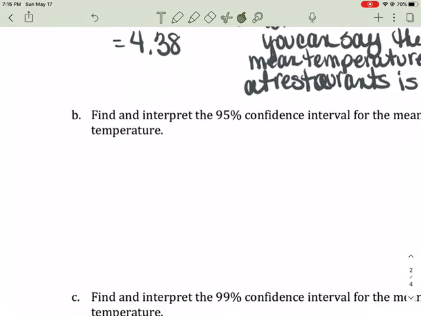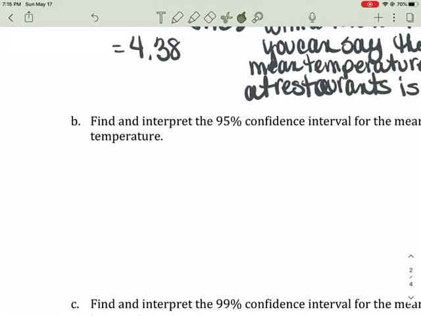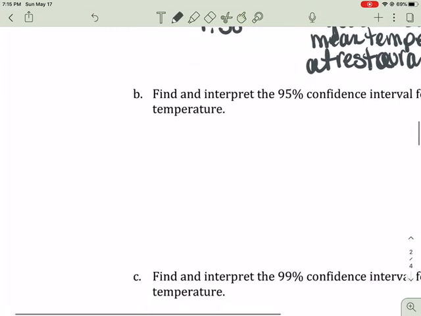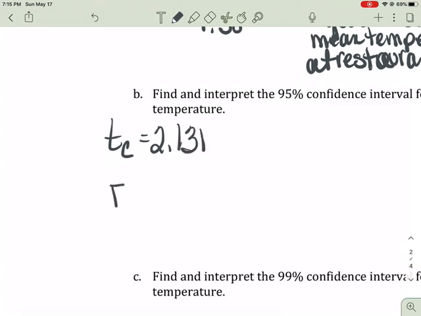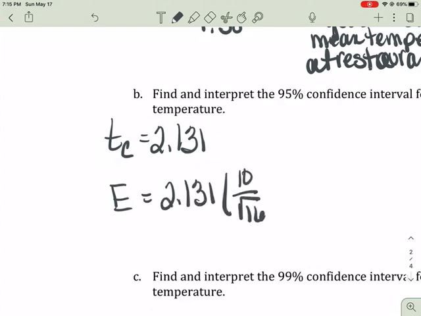In the next one, for practice, I got a t sub c of 2.131. So our E would be 2.131 times 10 over the square root of 16, or 5.33.